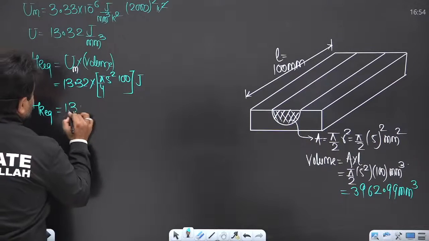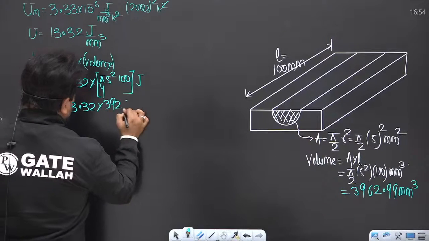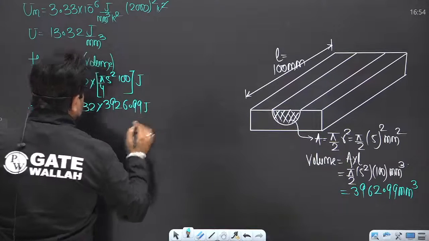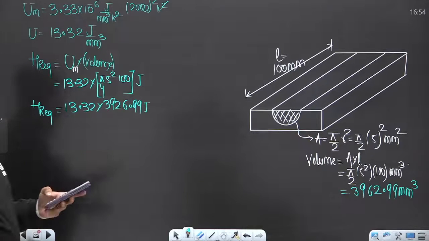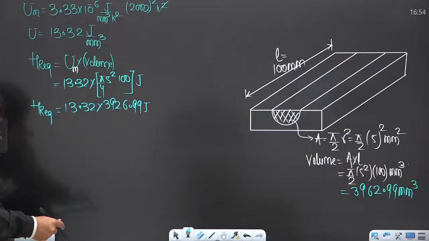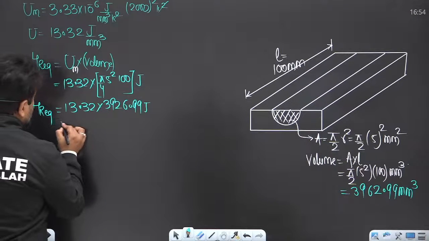So 13.32 into 3926.99 joule is the answer. So what will be the required heat? That is 52307 joule.